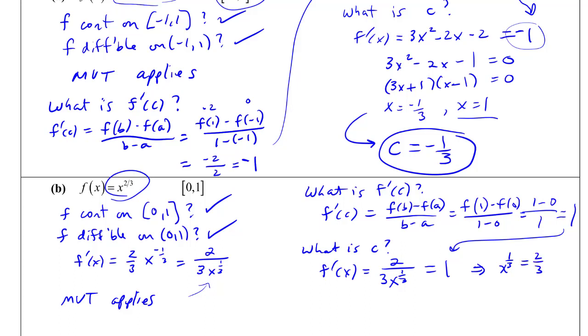Cubing both sides would give me x is 8 over 27. And in fact, 8 over 27 is between 0 and 1. So there is my guaranteed value. There we go.